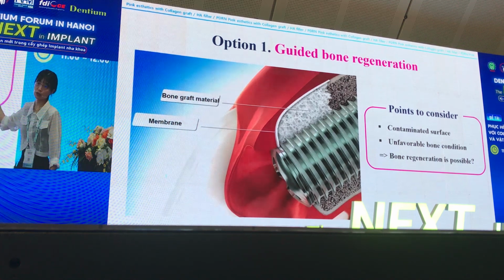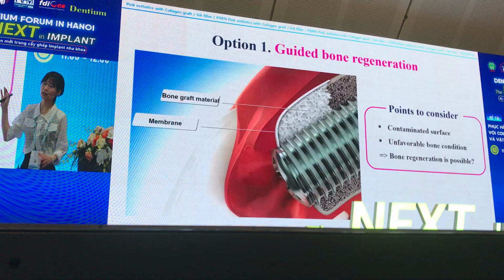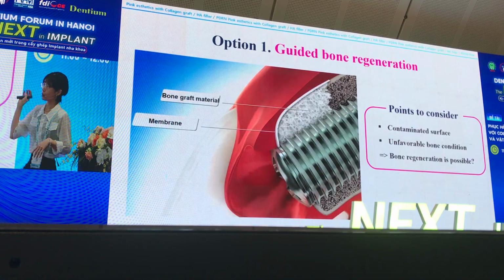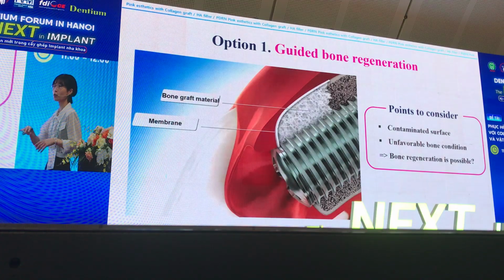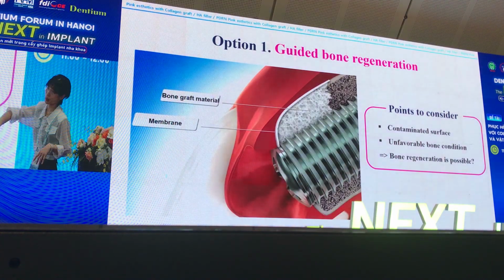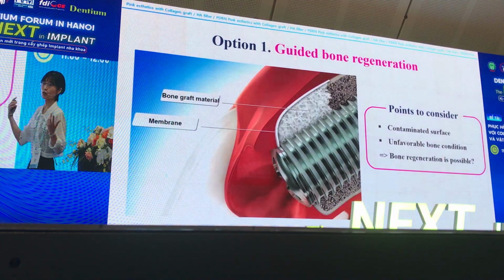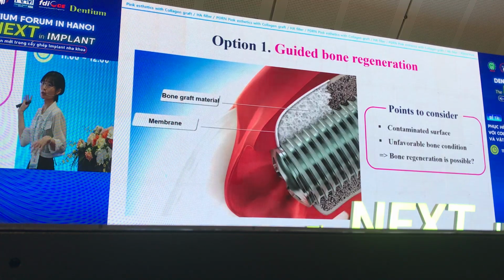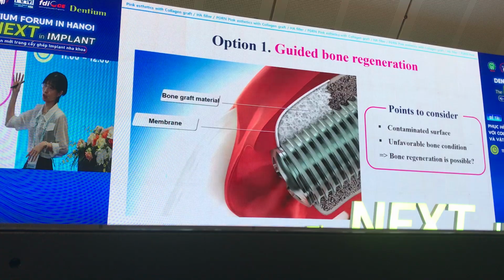And also the implant fixture is not in a good position. So if you put bone graft materials and cover with a membrane, but there's no bone anymore, right? That is the limitation of the structures and also the conditions.